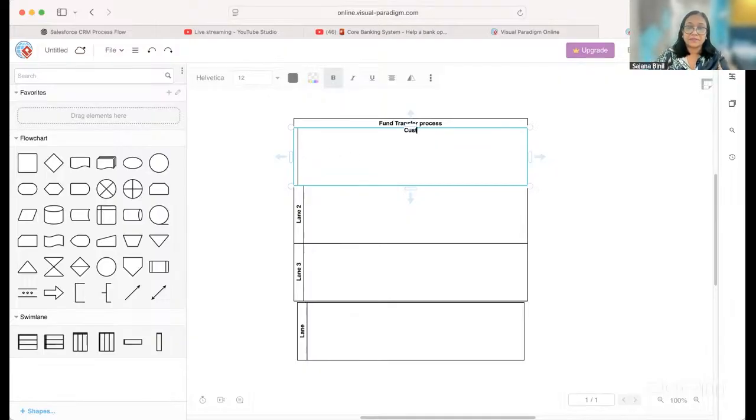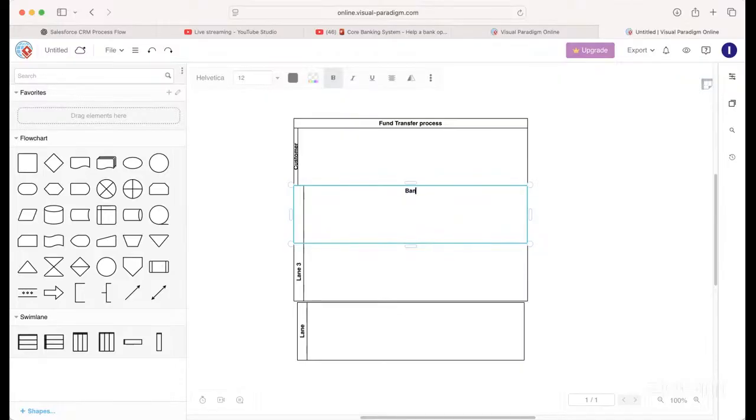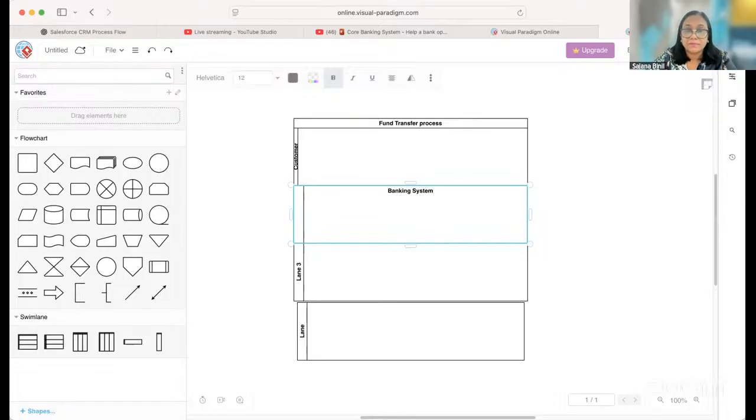First actor, customer, goes without saying. Now, second actor onwards, who do you identify as the second actor? Banking system or bank. Yes, good. Banking system or core banking system, same thing. For people who are new to this, you just need to double click on the title and it will give you an option to edit it. If you're struggling with the edit, if you're wondering how I change the title.